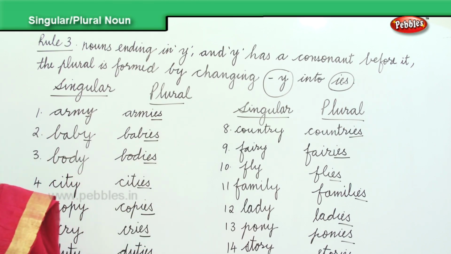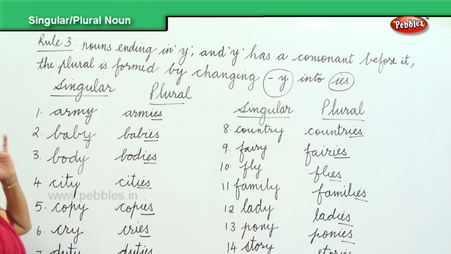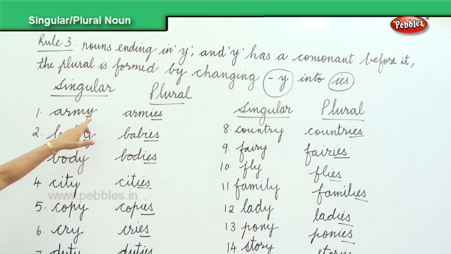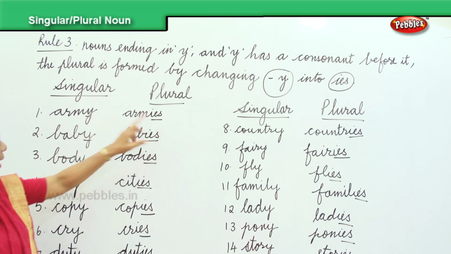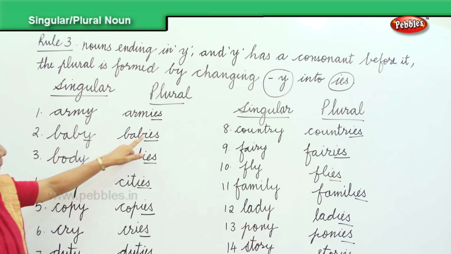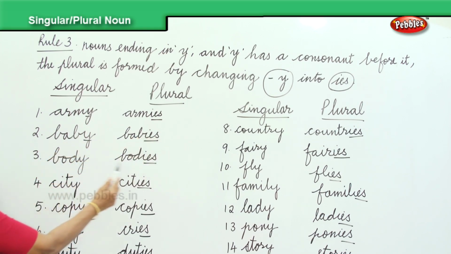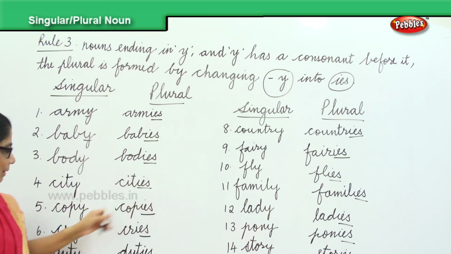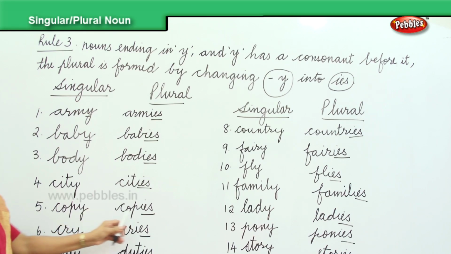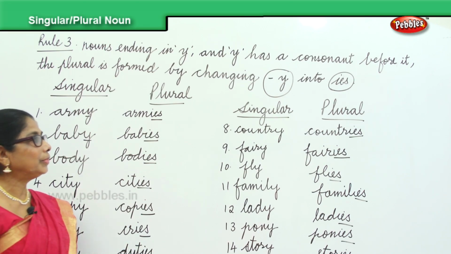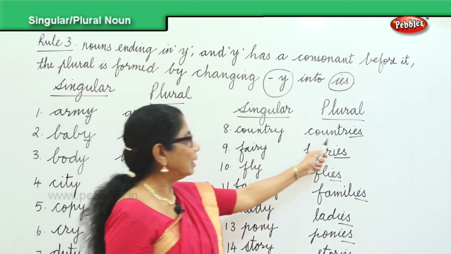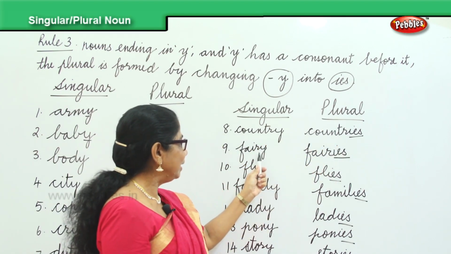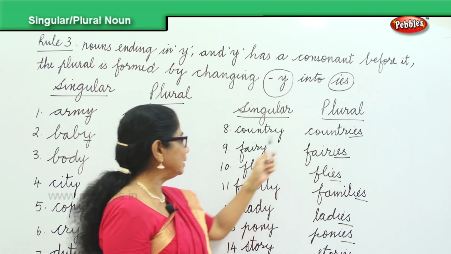Now let's look at all the nouns that we have formed here in rule number 3. Army, armies. Y is taken away. Baby, babies. Body, bodies. City, cities. Copy, copies. Cry, cries. Duty, duties. Now you have here country, countries. Ferry, ferries.